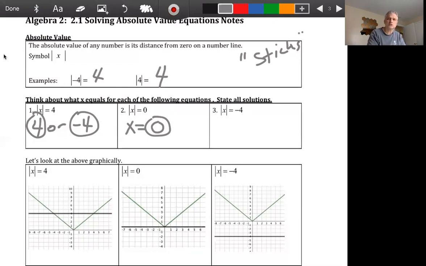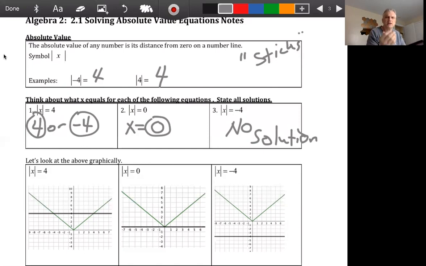There is no solution because the absolute value must be 0 or a positive number. There is nothing I could put in for x that would give me the absolute value equal to -4. No solution.